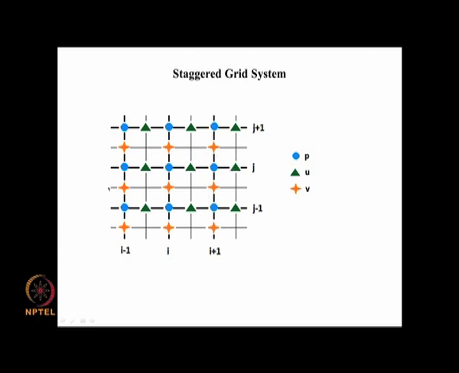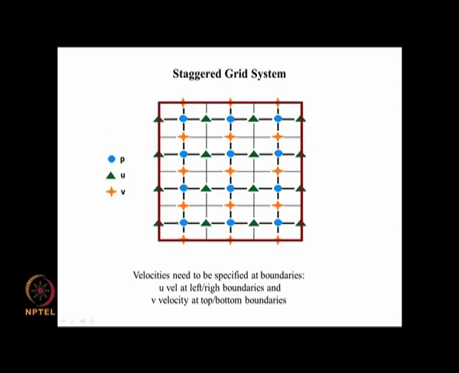And these are spread throughout the domain, and if you are looking at, for example, a rectangular domain like this, you can put a mesh here in which u velocity is evaluated at these points here, and these points are such that the left boundary and the right boundary are the points at which u velocity is evaluated, and the top boundary and the bottom boundary are the points at which v velocity is evaluated, and pressure is evaluated at midpoints here.